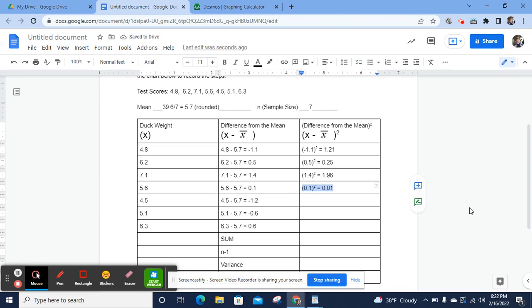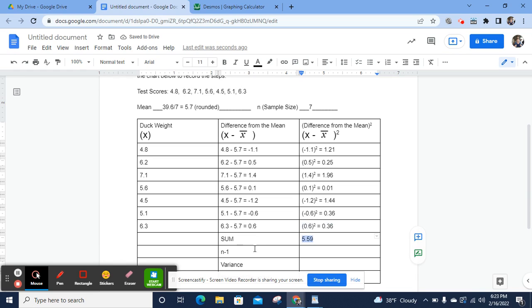That's 1/10 times 1/10 is 1/100th. And then negative 1.2 squared gets us positive 1.44. Notice all of our squares are positive. That's part of the point of this. Then negative 0.6 squared is 0.36. 0.6 squared is 0.36 as well. And then we're going to add all of these up.